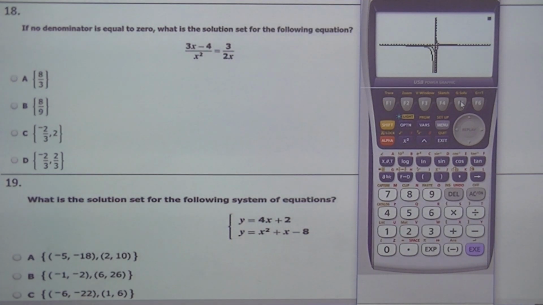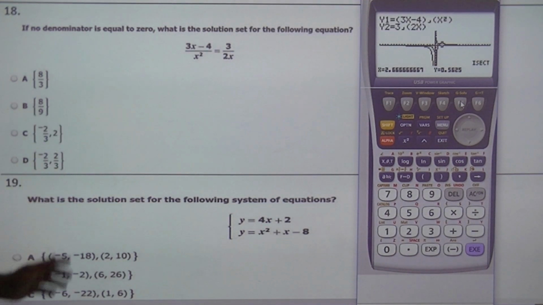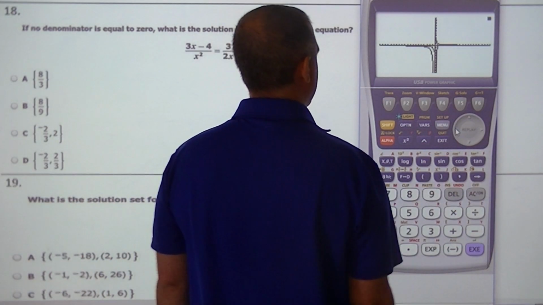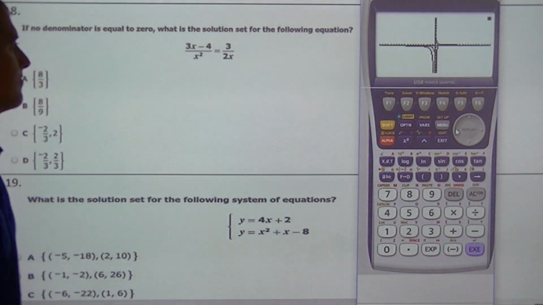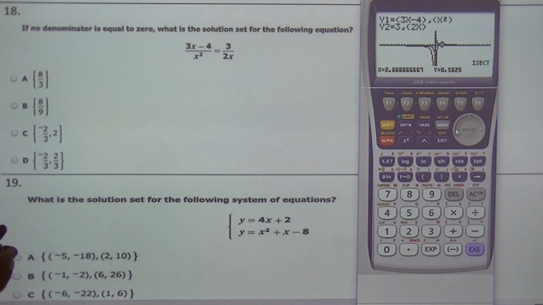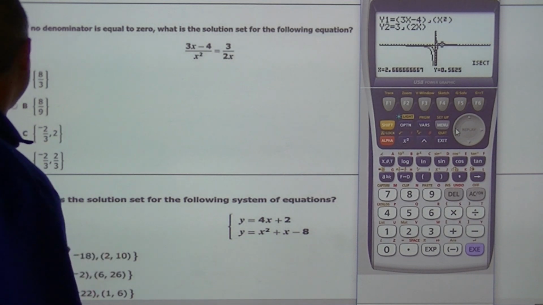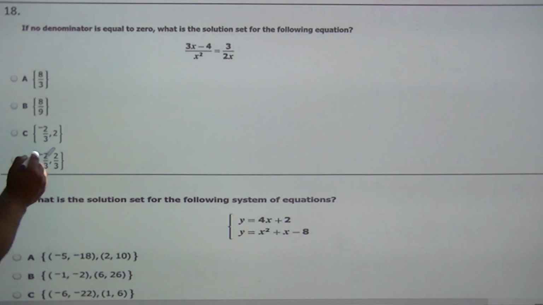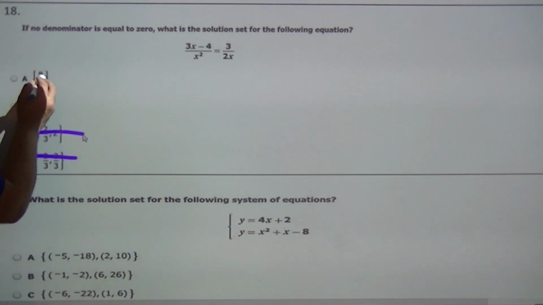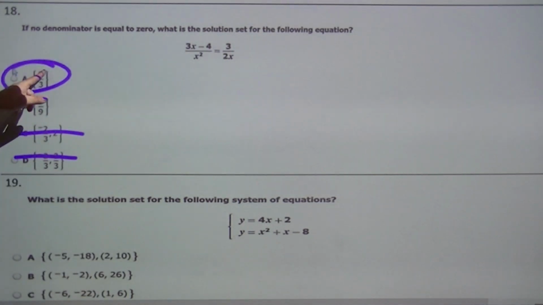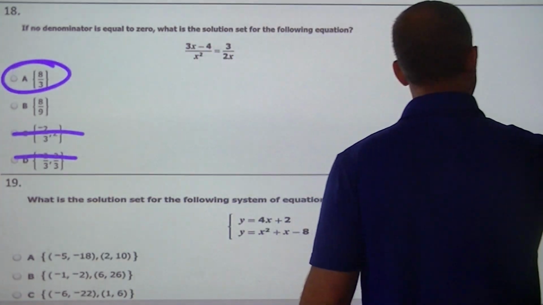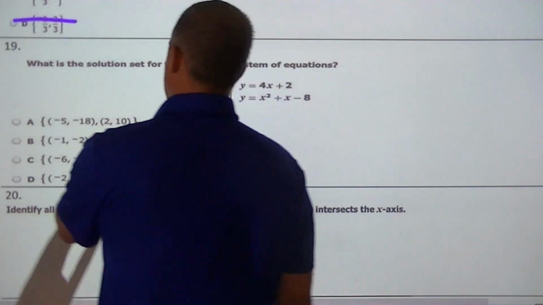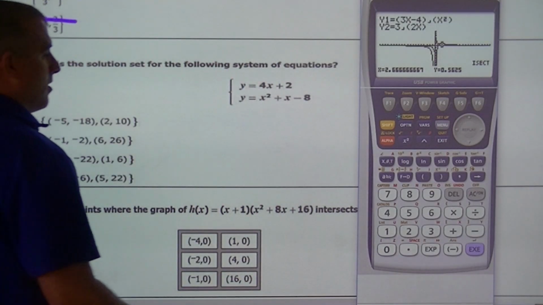And so it spits out 2.6. Let's see if I have any others. Just 2.6. So I know by that this and this are out because there's 1. 2.6 will clearly be that. If you want to type 8 divided by 3, you would get 2.6. Once again, as you can see, a ton of calculator questions.